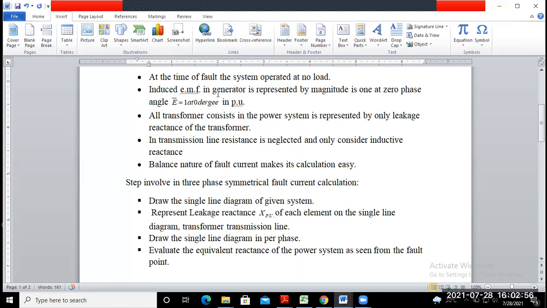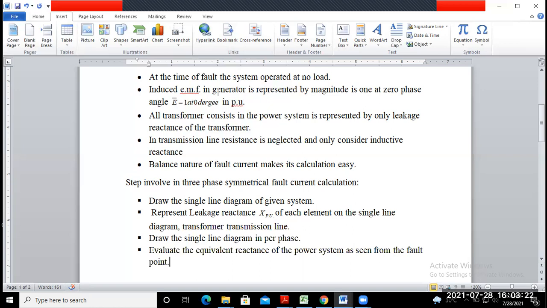Very clearly, at the fault point, at the fault time, suppose the system is operated at no load. The unsymmetrical faults are the line-to-ground, line-to-line, and double line-to-ground faults, while the three-line fault is the symmetrical fault.